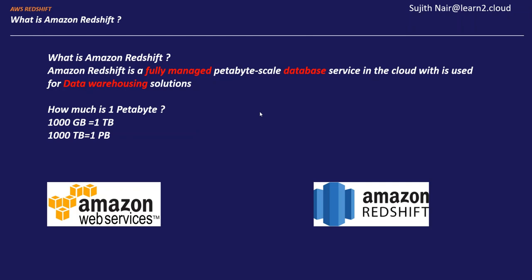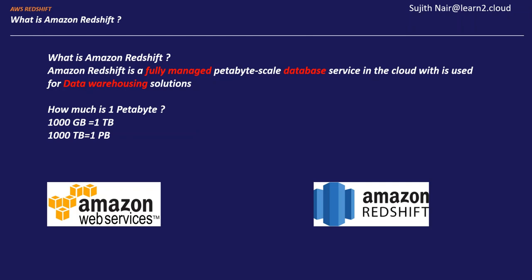Now there are different kinds of databases, and some databases are more suited for OLTP, like SQL Server or PostgreSQL, and some databases are more suited for data warehousing solutions like Teradata, Amazon Redshift, Netezza, and so forth.